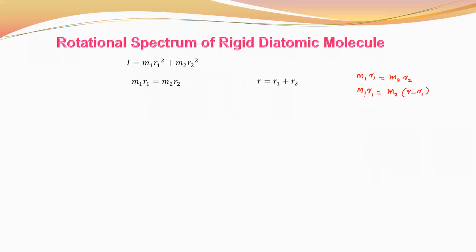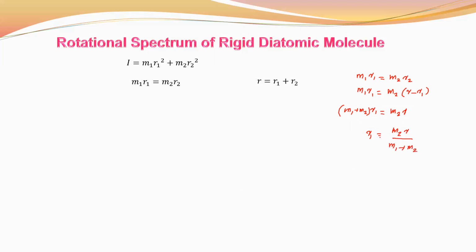Taking m2 r1 to the left side and taking r1 common, m1 plus m2 into r1 is equal to m2 r, or r1 is equal to m2 r divided by m1 plus m2.